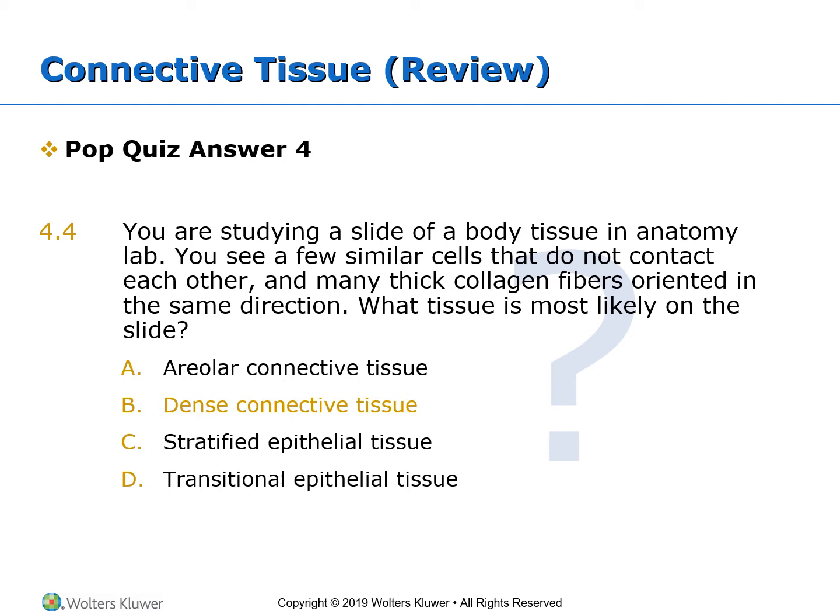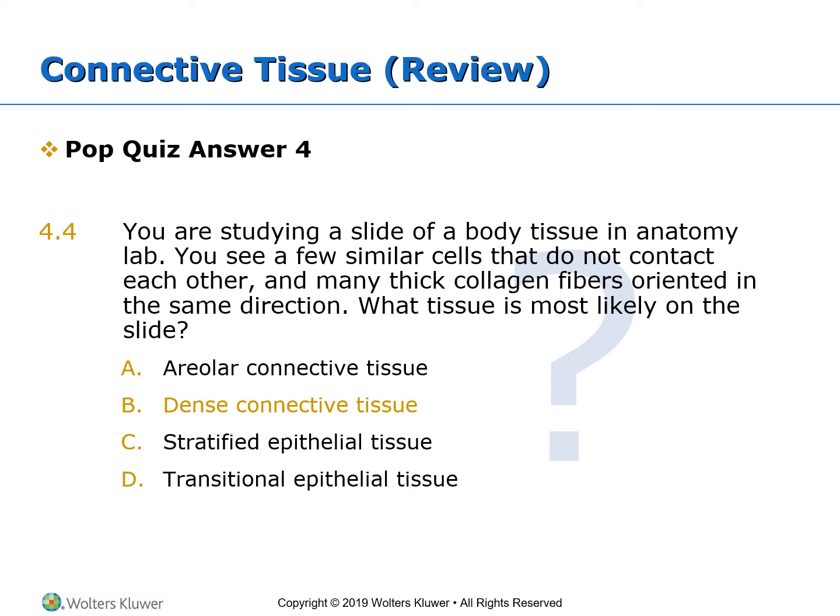The keywords for that will be oriented in the same direction and many thick collagen fibers. The moment that I see collagen fibers and thick collagen fibers, the epithelial tissue is out of the question, because whenever I see collagen or elastin fibers, that should be a connective tissue. It connects. It has a lot of matrix.